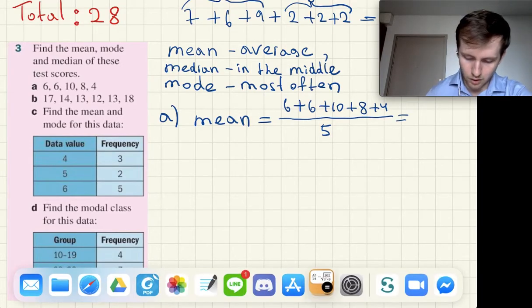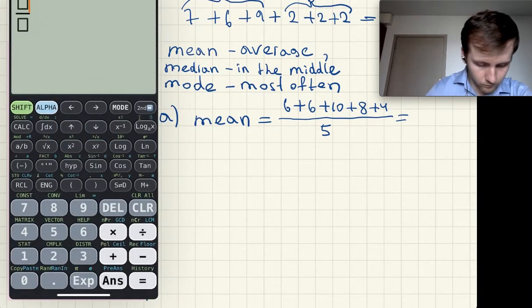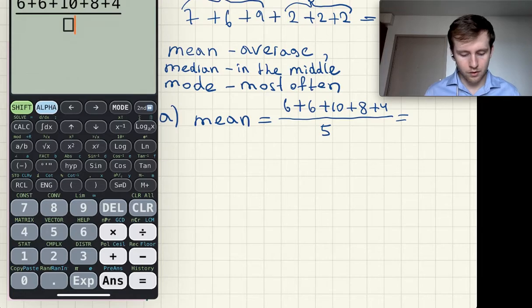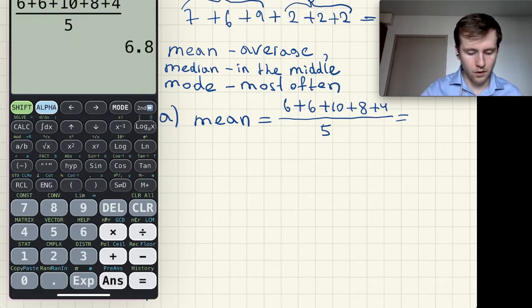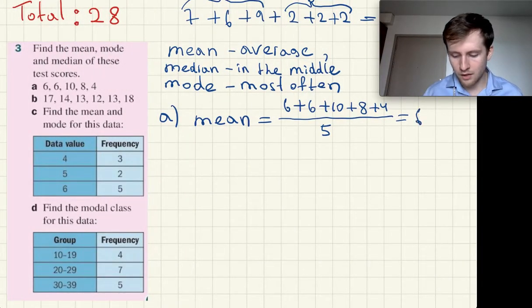I can use a calculator for this. So I do 6 plus 6 plus 10 plus 8 plus 4 divided by 5. It's equal to 6.8 in this case. 6.8 is our mean.